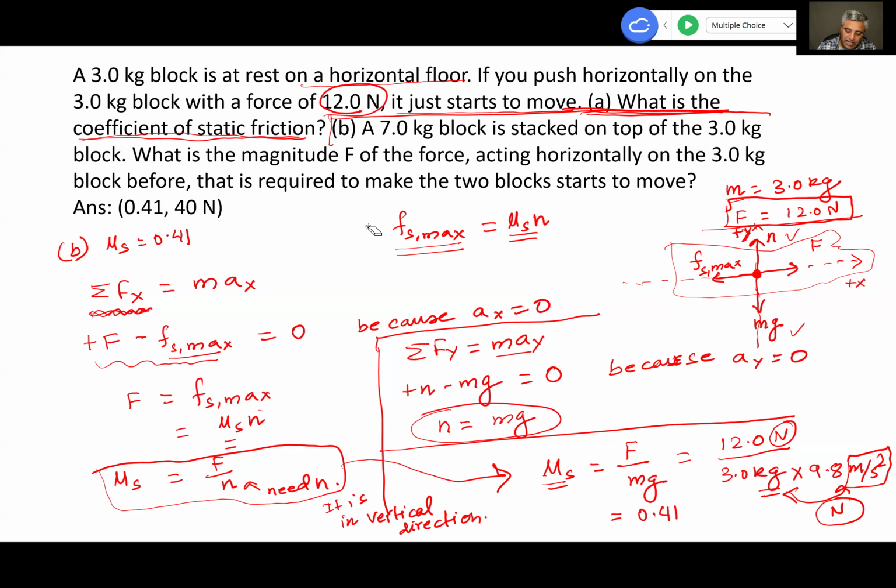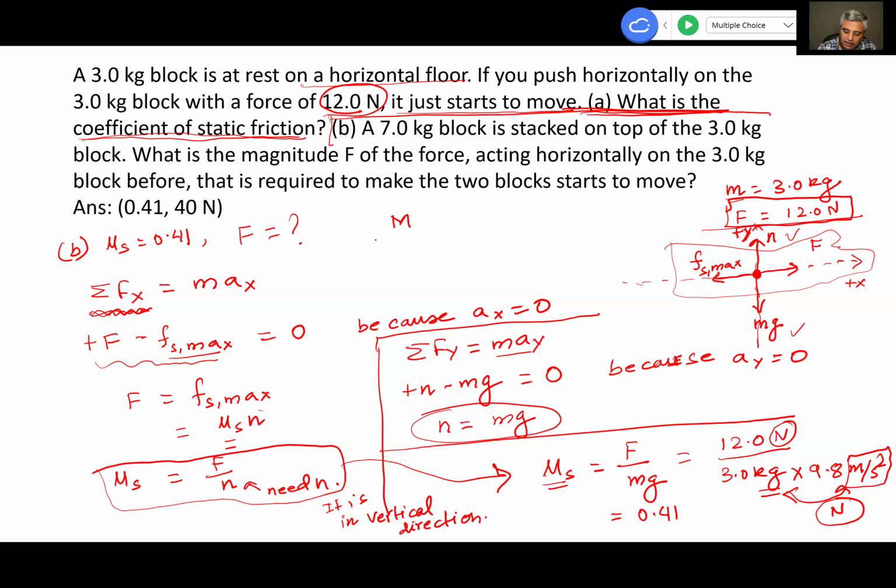So now what are we asked to find? In this case, we are asked to find how much force we need to apply, okay? And what do we know now? Mass. There are two masses.